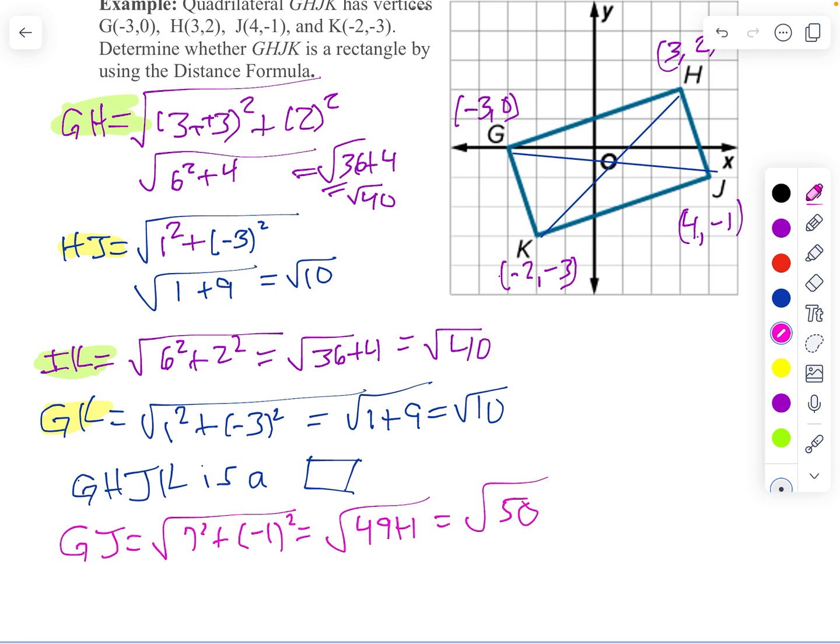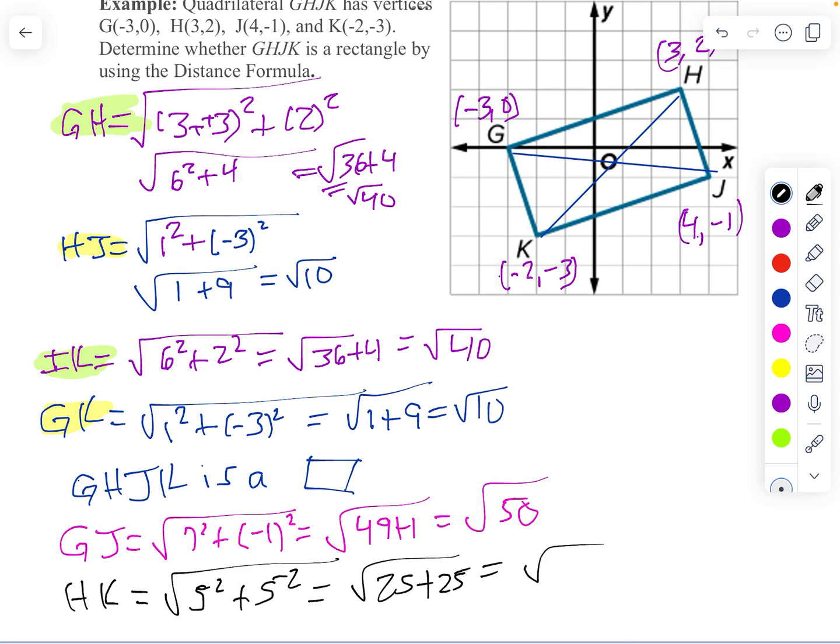Now I'm going to find HK. So 3 minus a negative 2, well, that's 5. And 2 minus a negative, oh, that's 5 squared again, isn't it? So we get the square root of 25 plus 25.